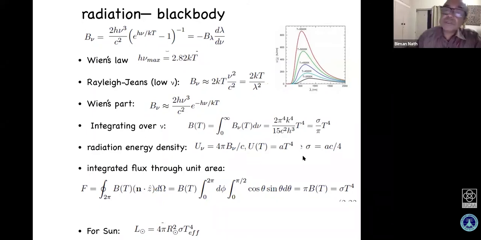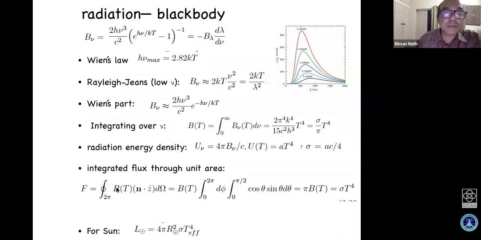So the radiation energy density scales as T to the power 4. These things will be important for us when we discuss the physical state deep inside the star. We can also remember, this is again per unit area, right? So we can also integrate over area.